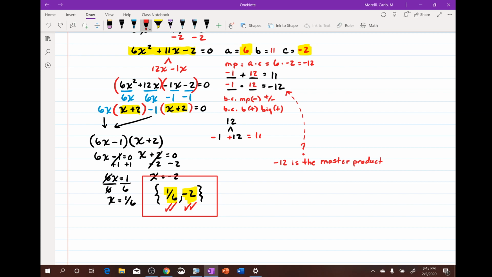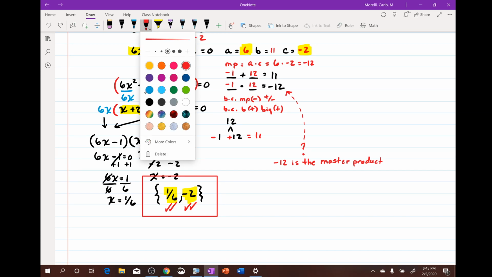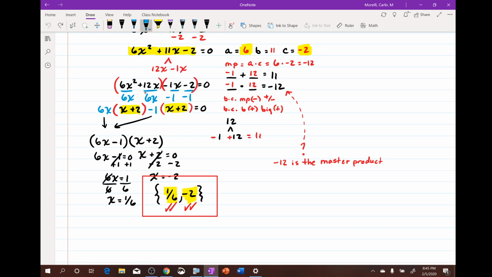Remember, A equals 6 and C equals -2. The master product is equal to A times C. So 6 times -2 equals -12. And that's where we got -12.